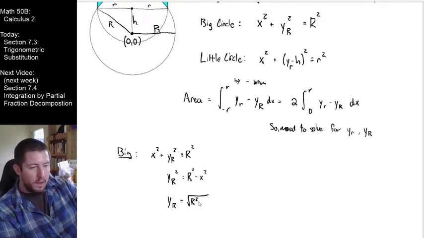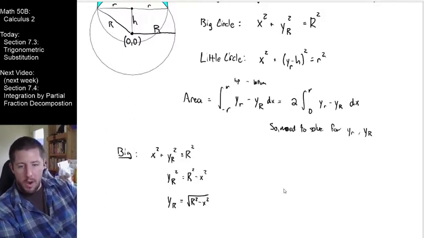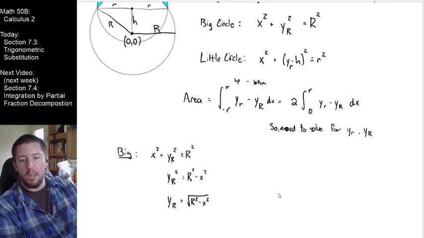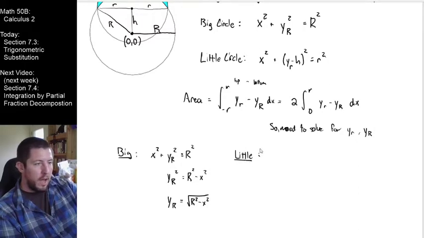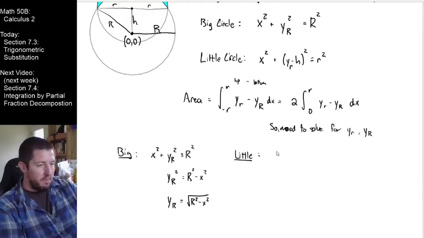So here is one of my two terms of interest, y sub big R. That's my y equation for the top half of the large circle. Now for the small circle, it's a little more complicated here because we've got that h term involved.